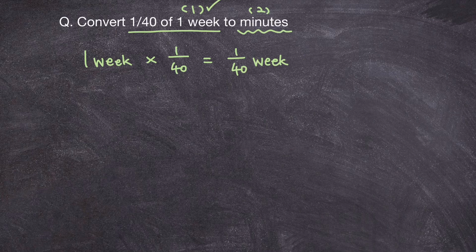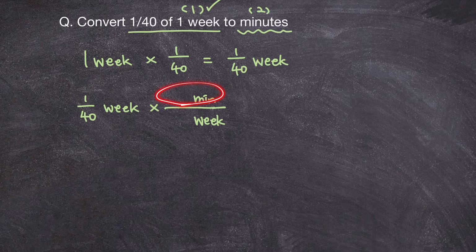And then for the second part, I'm going to convert 1/40th week into minutes by putting a fraction with its denominator with a unit that we want to get rid of, and with its numerator with a unit that we want to keep in our final answer, except since these two numbers have to equal each other, I need to know how many minutes are in 1 week.